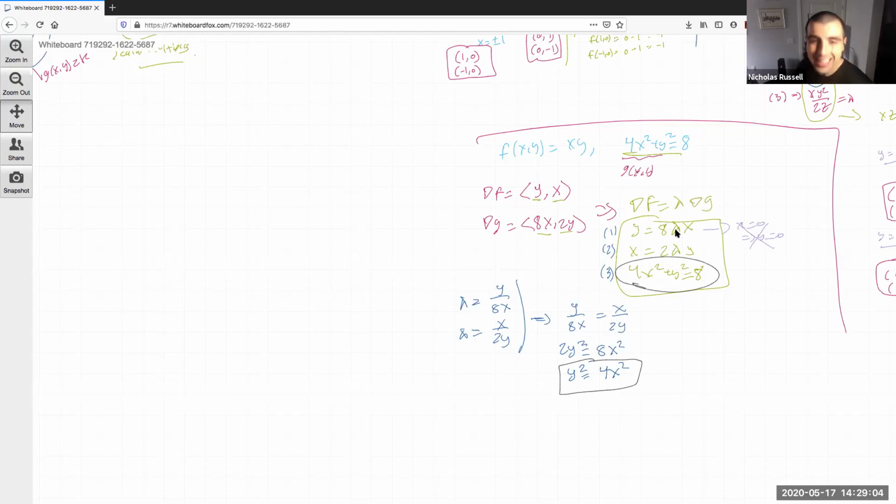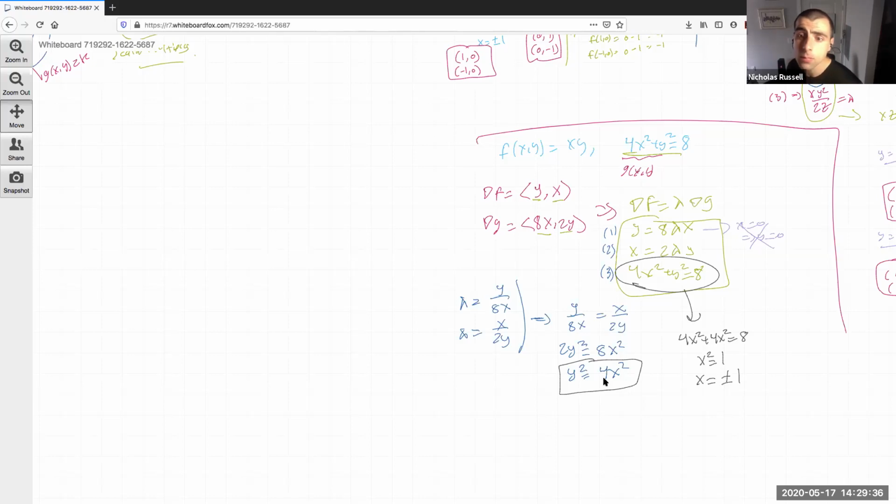I can just replace y squared with 4x squared, and go from there. So I'll replace y squared with 4x squared. In doing so, I will get 4x squared plus 4x squared is equal to 8. This gives x squared is equal to 1, and so x is equal to plus or minus 1.